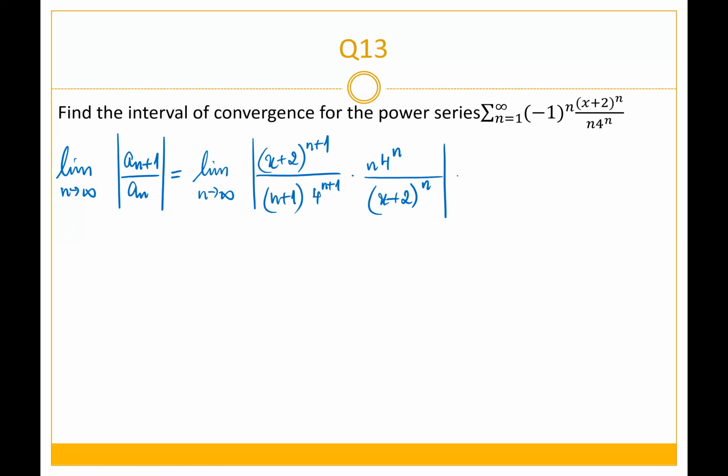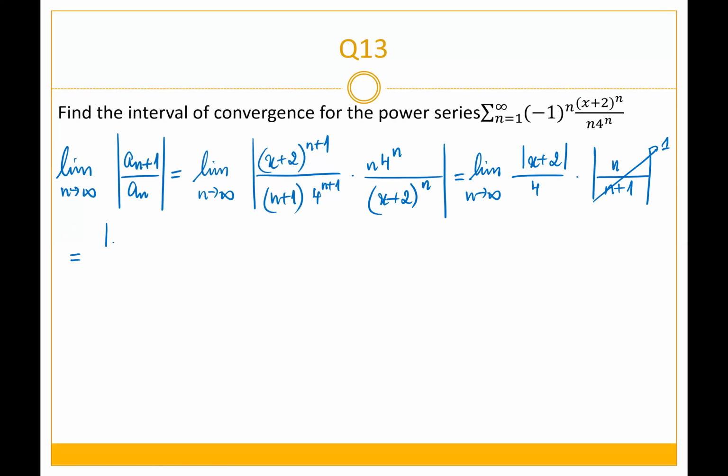And as n approaches infinity, let me rearrange this part to make life easier. You're going to have the absolute value of (x plus 2) divided by 4, multiplied by the absolute value of n over n plus 1. That's when I cancel out some of the terms and end up with the most simplified version. As n approaches infinity, the limit of n over n plus 1 approaches 1.